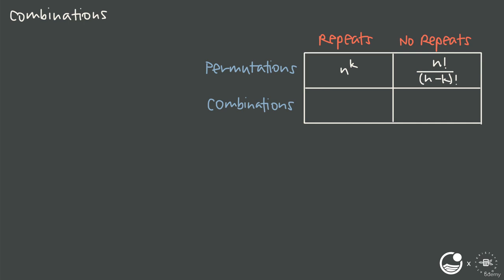Let's look back at the example we were using before of the 3 playing cards, where we started with the king, the queen, and the jack. We said that in the no repeat situation for permutations, let's say that we're starting with this set of 3 cards and we want the number of permutations when we choose 2 of these cards.